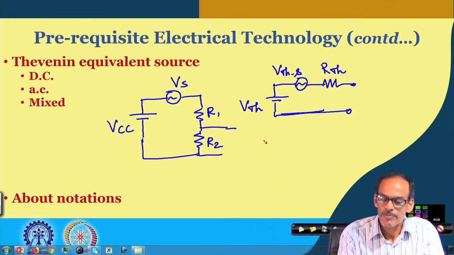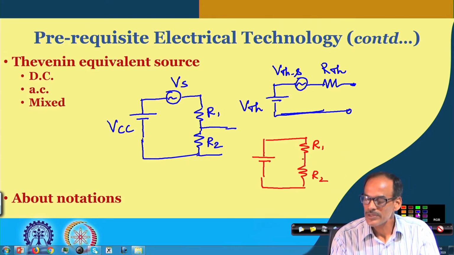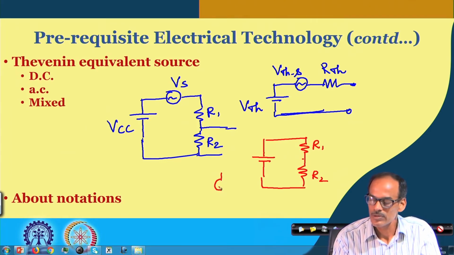Suppose you do have a voltage source, and then you do have R1 and R2, and then you are feeding a signal at this node through a different circuit. So, probably you do have a signal source.